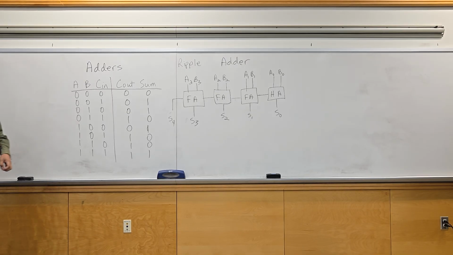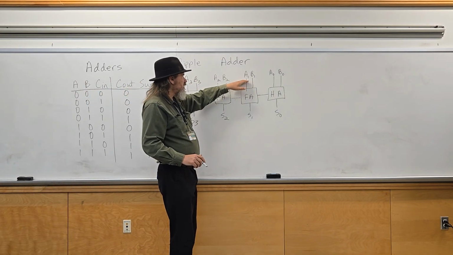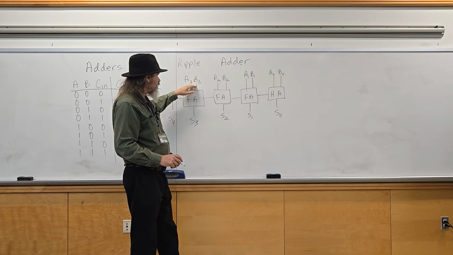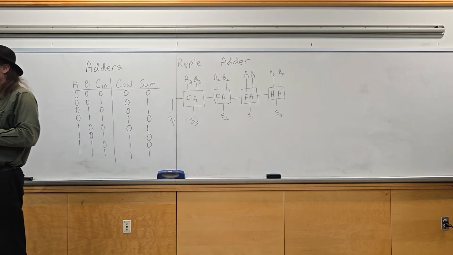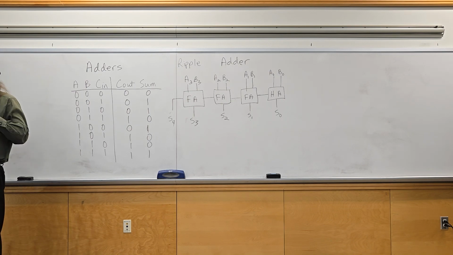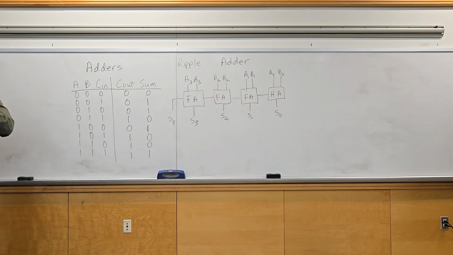You're just adding A0, B0, A1, B1, A2, B2, and A3, B3. There is no bit coming in. So the first one can be a half adder if you're just doing an adder. There is the option to make this an adder-subtractor, which would necessitate using a CN and a full adder on the first bit.